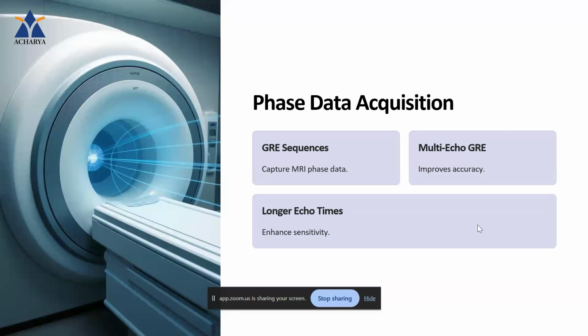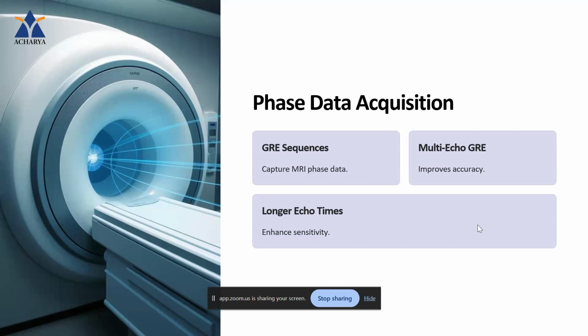Then we can also use multi-echo gradient sequences. Mostly we use these because they improve the accuracy. How do they improve the accuracy?